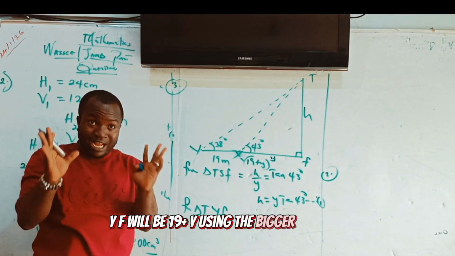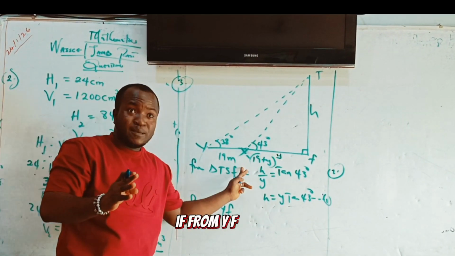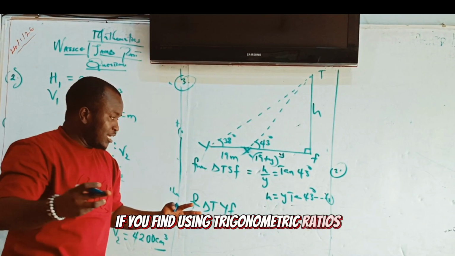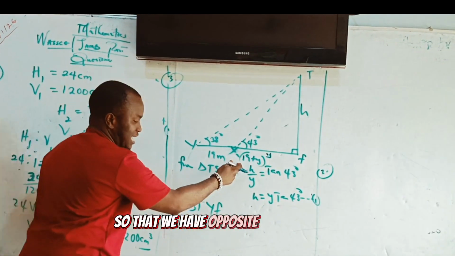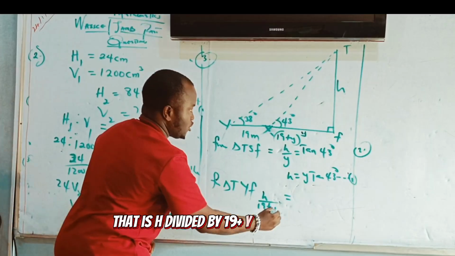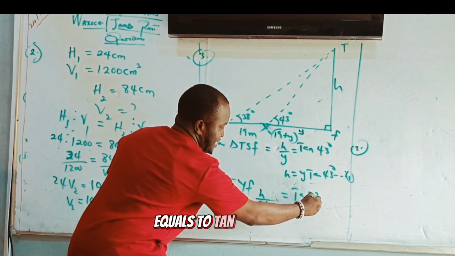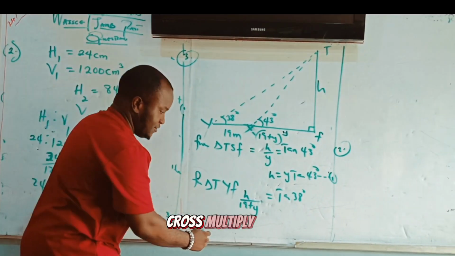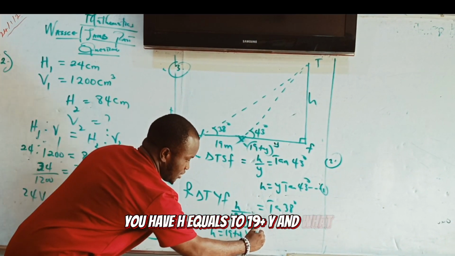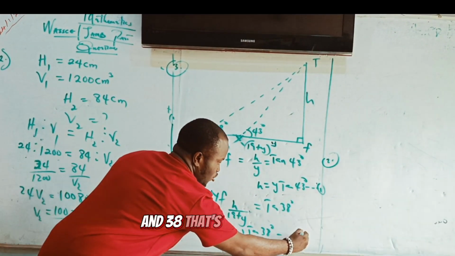Using trigonometric ratios, opposite over adjacent, h divided by 19 plus y equals tan 38 degrees. So cross multiply again: h equals 19 plus y, times tan 38 degrees. That's equation 2.